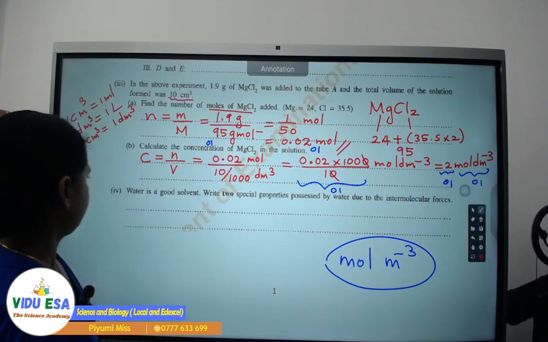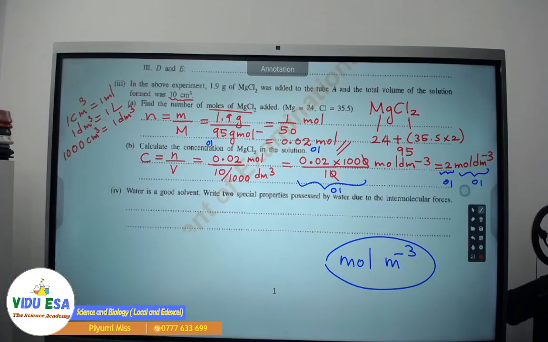Water is a good solvent. Write two special properties possessed by water due to the intermolecular forces. What are the properties possessed by water due to the presence of intermolecular forces? Metuja?